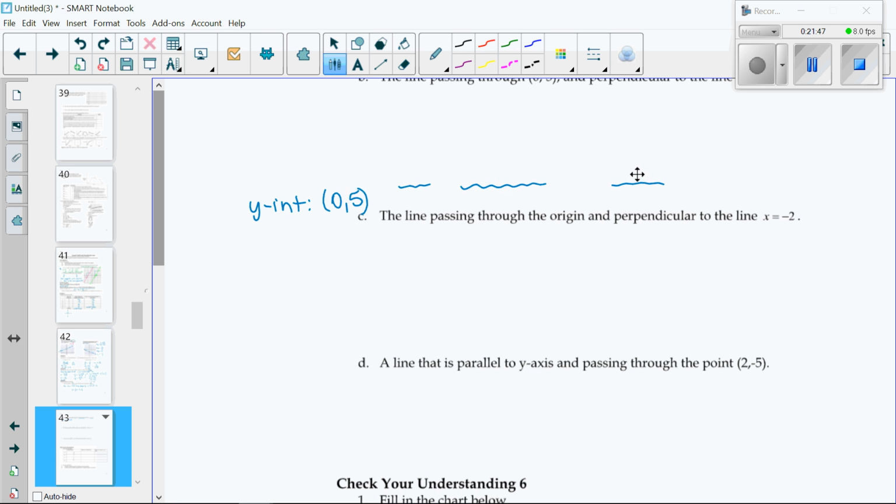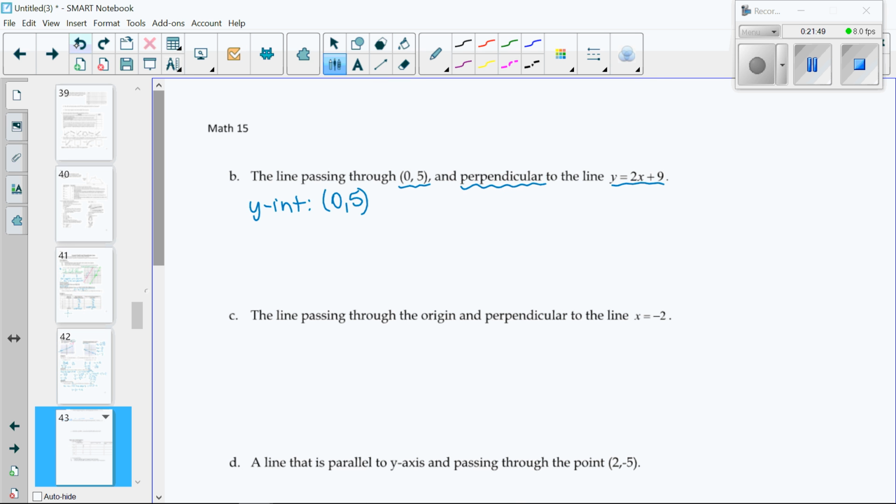So if I look at the slope, it is 2. So the slope for this line, m, is going to have to be negative 1 over 2. So you have to read very carefully, okay? Look for the clues. So the equation is going to be y equals negative 1 over 2x plus 5.